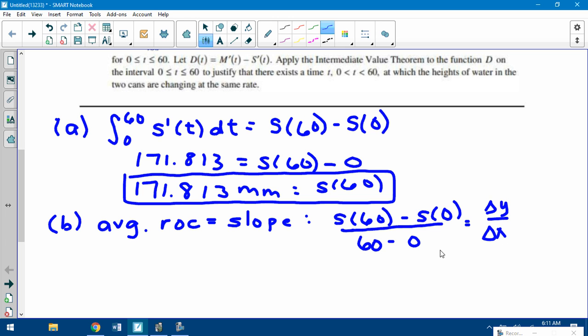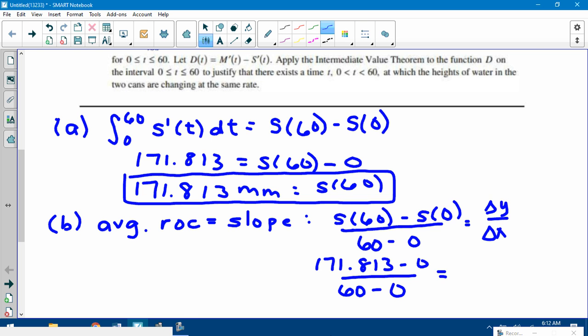Now remember, some of you get confused when you see the word average. I don't have the instantaneous rate of change, or I don't have the rate of change as a formula. Average rate of change means slope. So this is just going to be 171.813 minus 0 all over 60 minus 0.